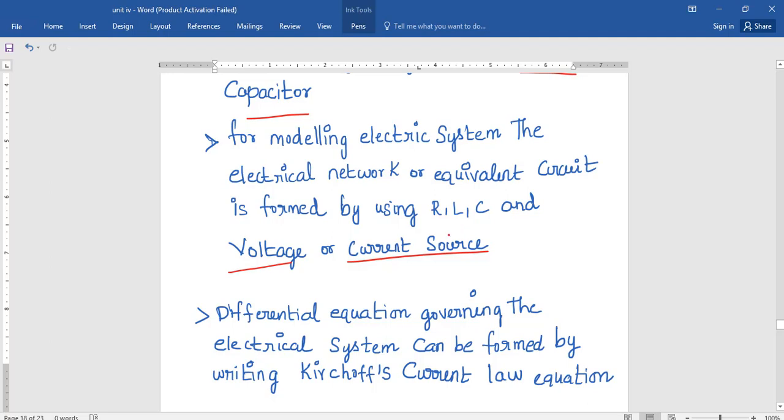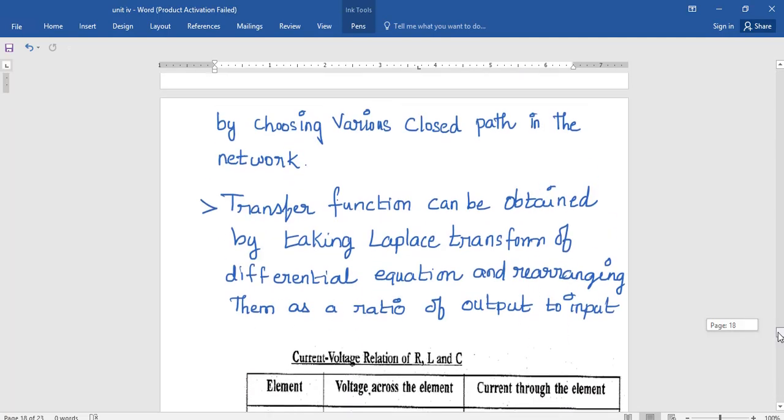The differential equation of an electrical system is found by writing Kirchhoff current law. By applying Kirchhoff current law for the given circuit, we obtain the differential equation. After obtaining the differential equation, we will get the transfer function of the system.